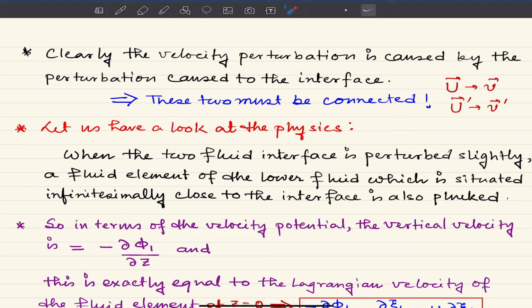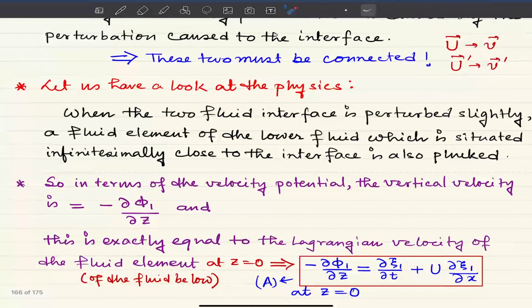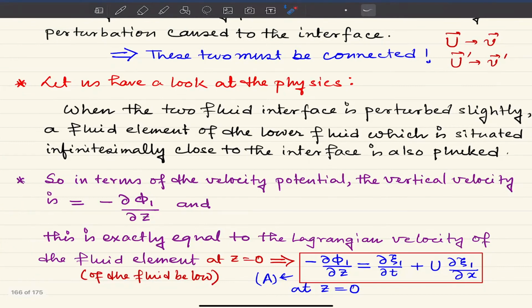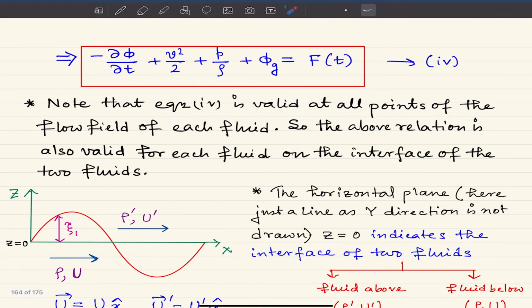So now how to connect them? For that we have to think a bit of the physics. When the two fluid interface is perturbed slightly, a fluid element of the lower fluid which is situated infinitesimally close to the interface is also plucked. What is the meaning of that? Just go to this image.